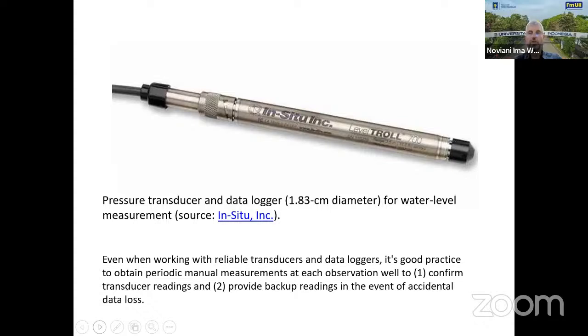So you connect this device to a computer, program it that every 5 minutes or every 5 seconds, whatever you like, it is measuring the depth to the water. So instead of doing it by hand, this logger is measuring everything for you.